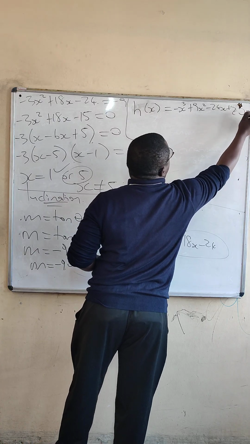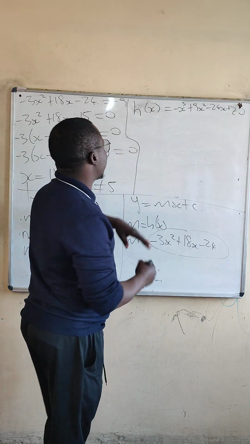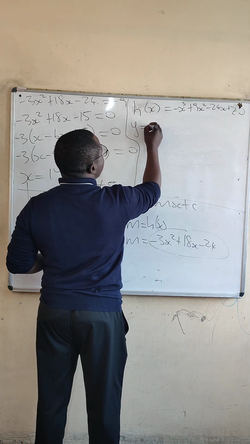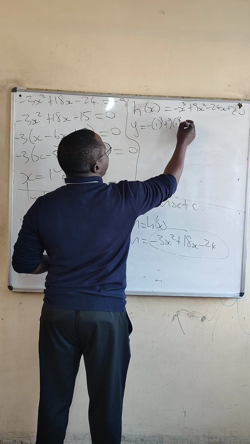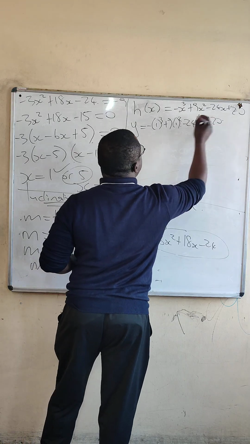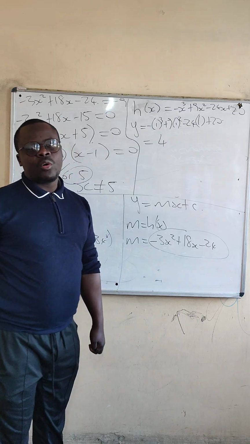So let's substitute x here. So y is equal to negative 1 cubed plus 9 times 1 squared minus 24 times 1, and then plus 20. If you punch the calculator properly, you find that your y is equal to 4.